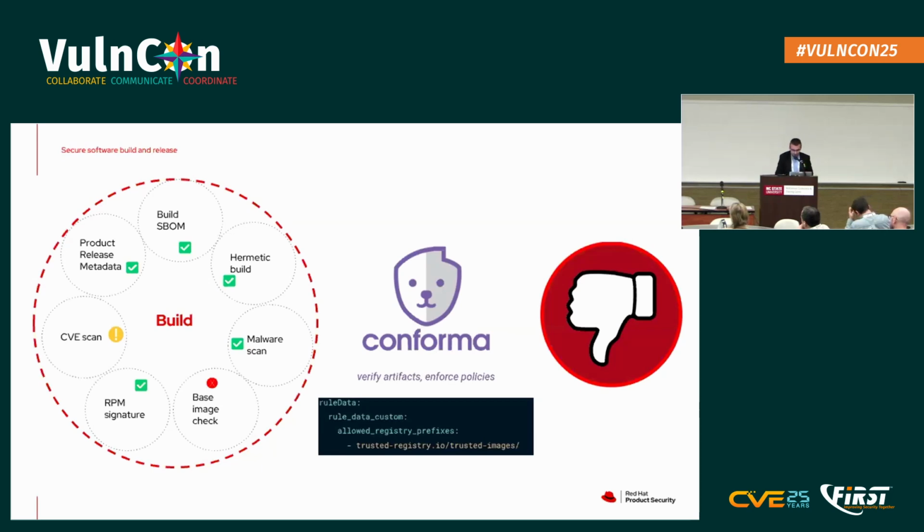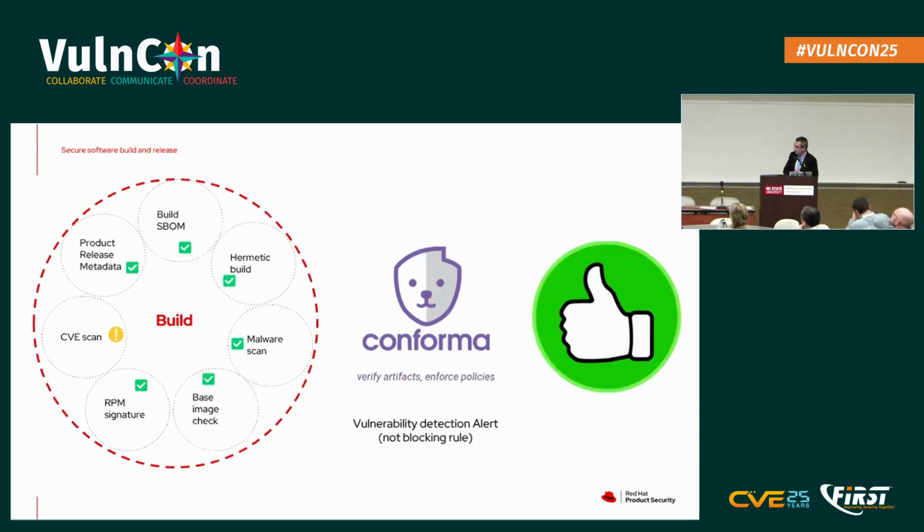Another example is here, where we see that all tests are okay, everything is fine based on our policy. There's only one test, CWE scan related, related to the SCA scanner that was triggered during the build process. And this particular test has an alert, but it's not a blocking rule.